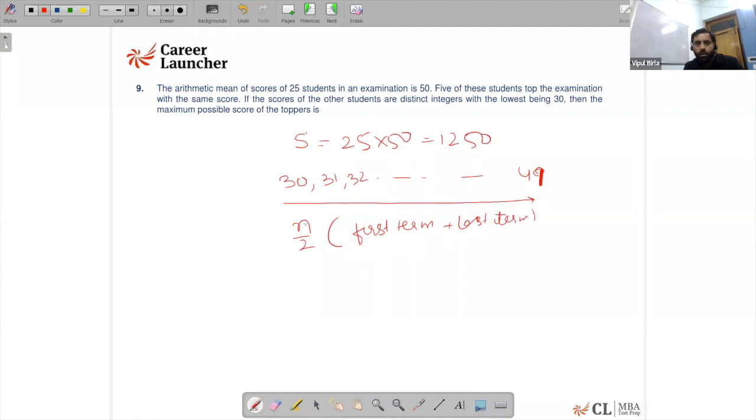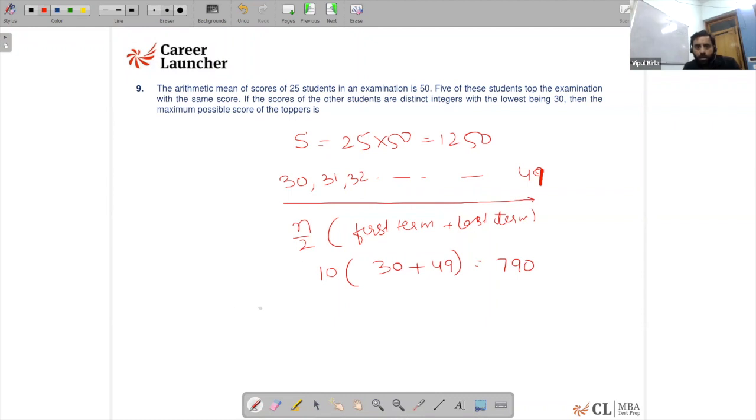So the number of terms is 20. So 20 by 2 is 10 into first term 30 plus the last term 49, which equals 790. This is the sum of the 20 students who have scored from 30 to 49.